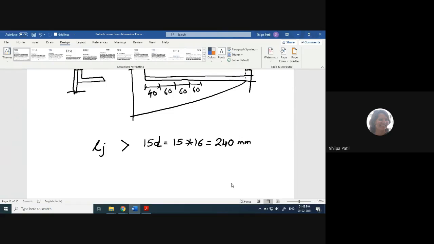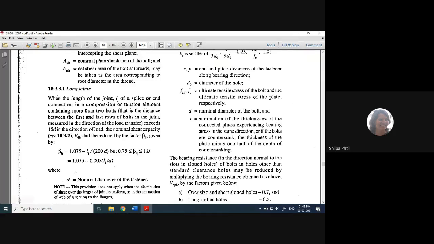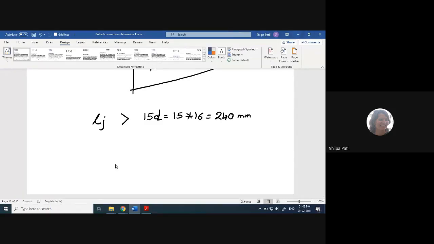It means I have to find out the reduction factor beta Lj, and I need to apply it on the shear capacity of the bolt also. So what is the formula for beta Lj? Quickly tell me, somebody, what is the beta Lj formula? 1.075 minus Lj upon 200d.